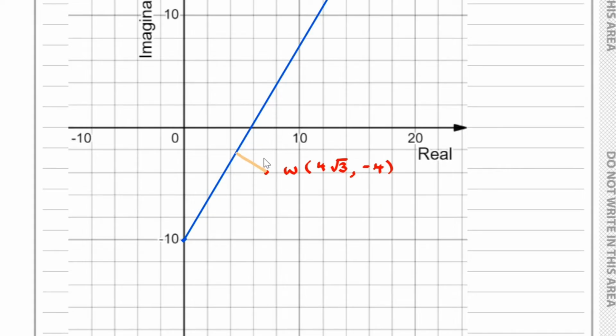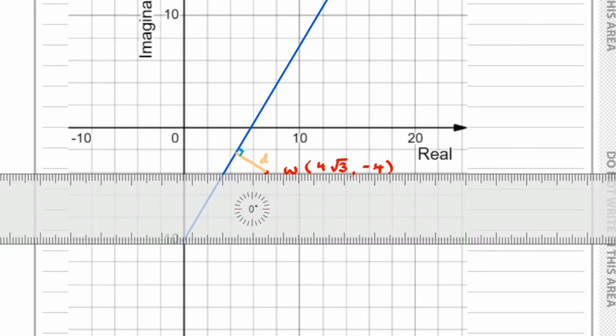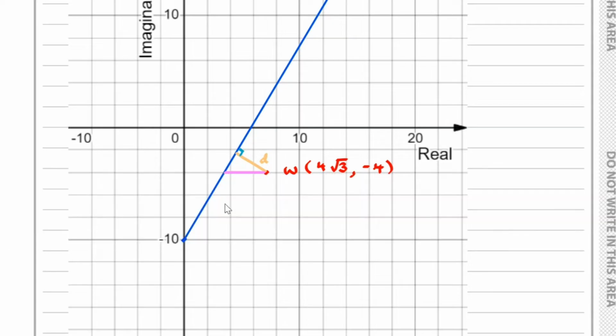We will call this D. And hopefully you recognize we've got a right-angled triangle. And what we can do is form a right-angled triangle such as the one we see here.